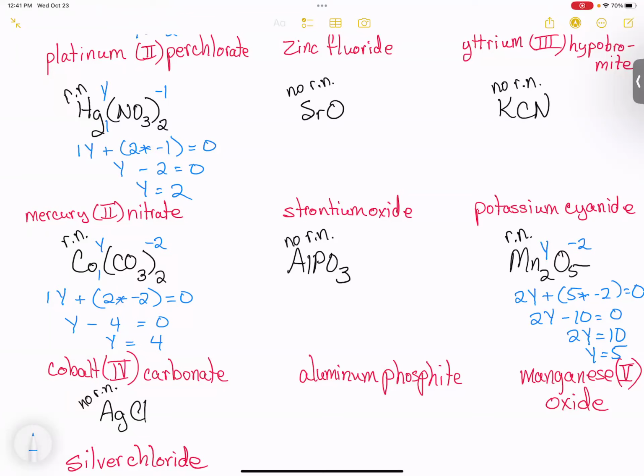Now, to help you figure out how to name, the only sheet I haven't gone over is this sheet. This sheet outlines how you name the different types of compounds. We've actually only gone through this much of this sheet so far. The rest of it starts Friday.